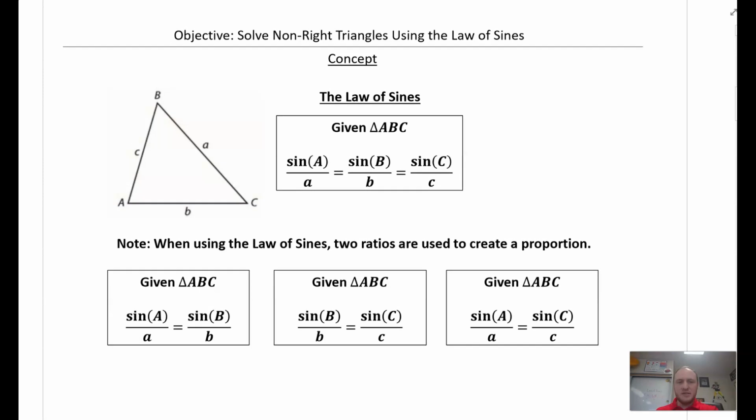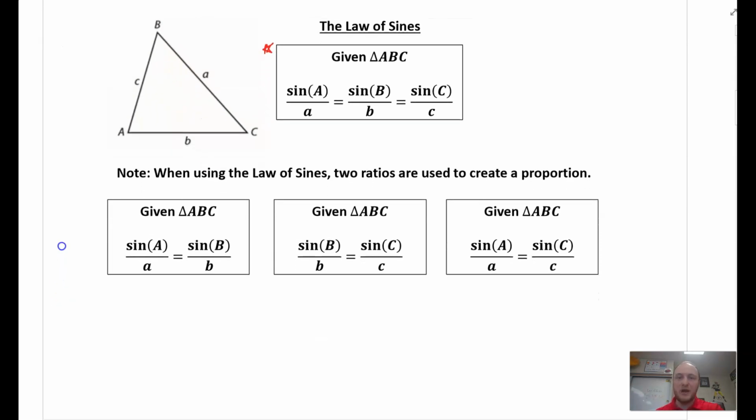So here is the law of sines, nice and short and sweet for you. The law of sines says that if I have the sine of an angle over its corresponding, or opposite, side, that ratio will be equal to the ratio of the sine of another angle and its opposite side. We don't have to know everything.